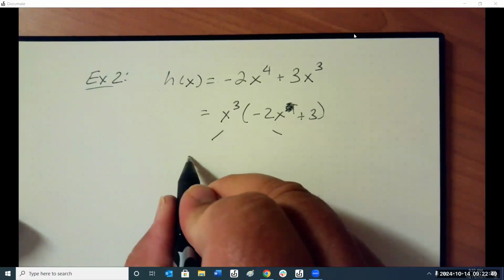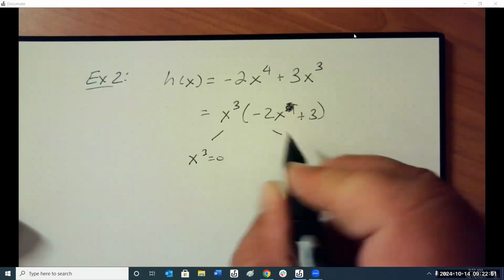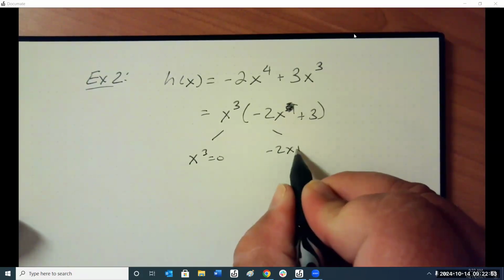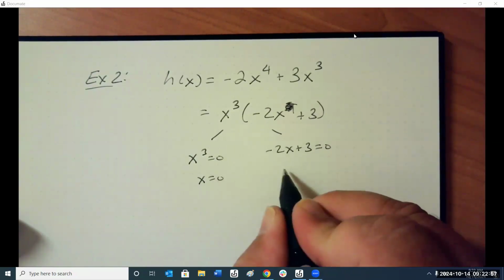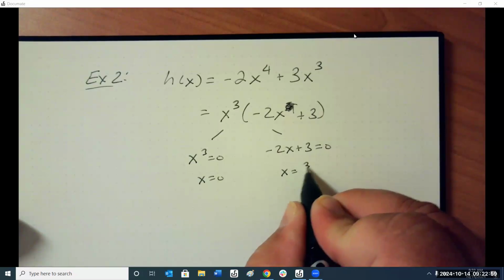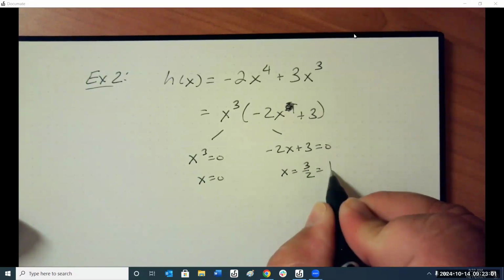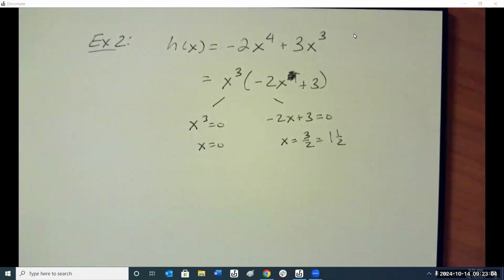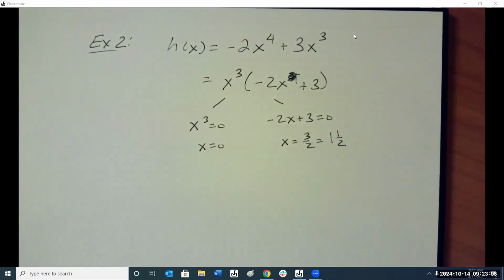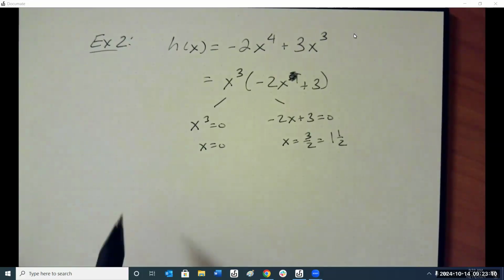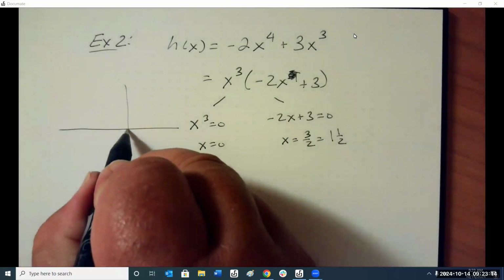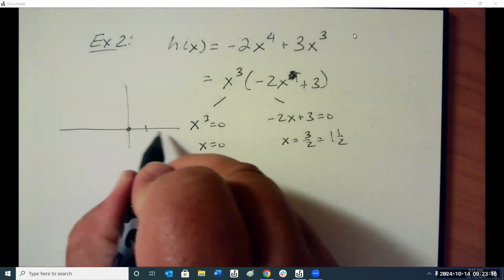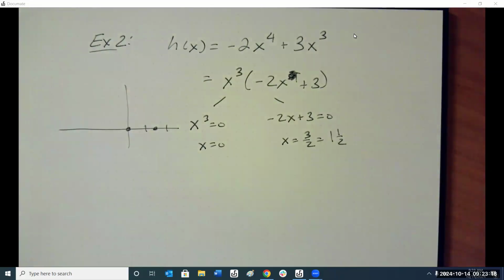We have to get the x-intercept, so that part's the same. So we get x equals 0, x equals 3 over 2, or 1 and 1/2. Now, if we were to look at this on a graph, we have 0 there, we have 1 and 1/2 there.